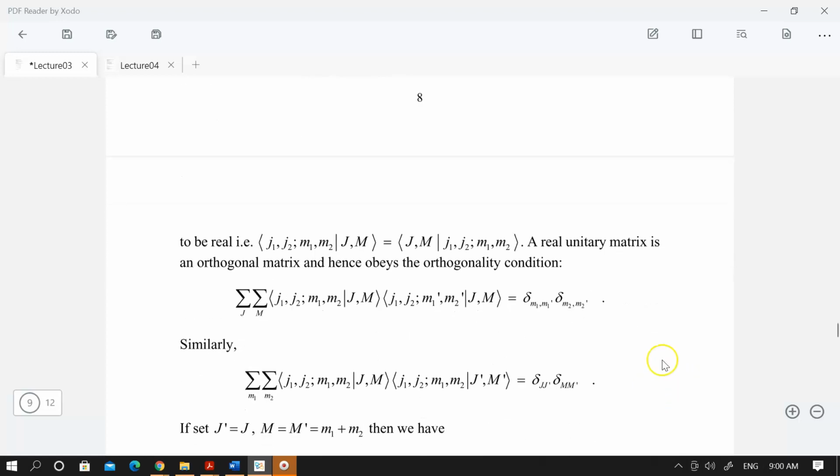Because of this, if you take the sum, let me rewrite this below. This sum originally comes from here. So the sum is over J and M. The original sum is actually here.